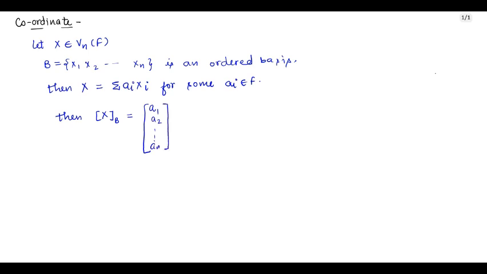This is a column vector, and this y must be in Fn, right?